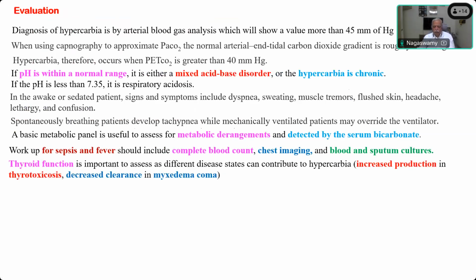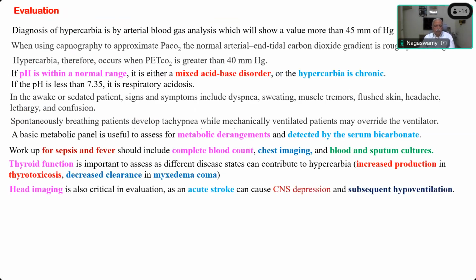And in myxedema or hypothyroidism, there may be inadequate respiration, which also leads to accumulation of carbon dioxide. And in cases of head trauma, that is traumatic brain injury, or an acute stress, there may be central respiratory depression, which can lead to hypoventilation.